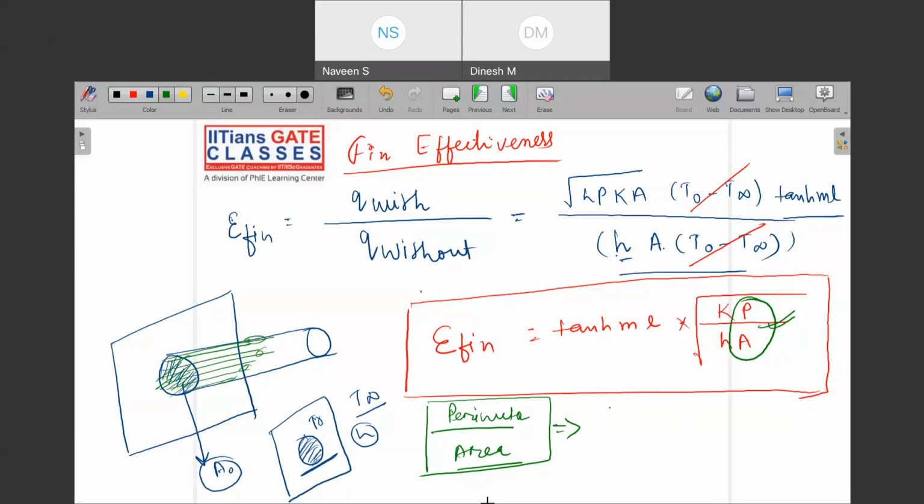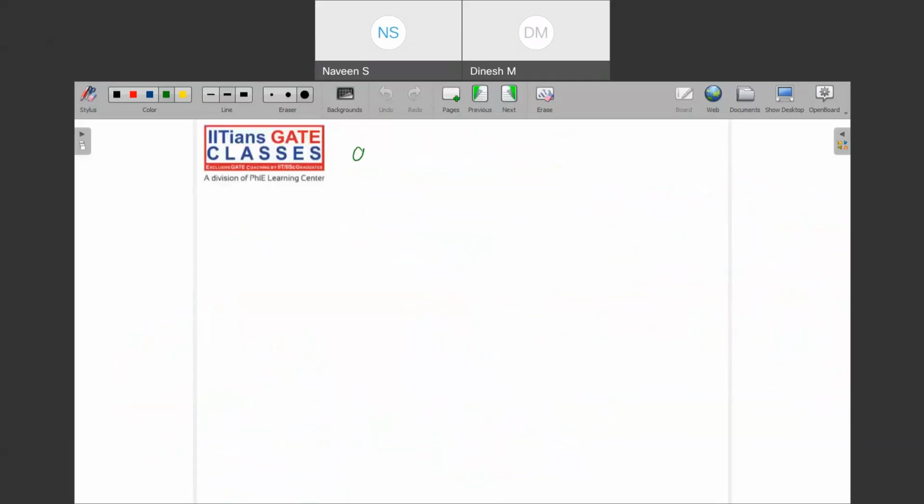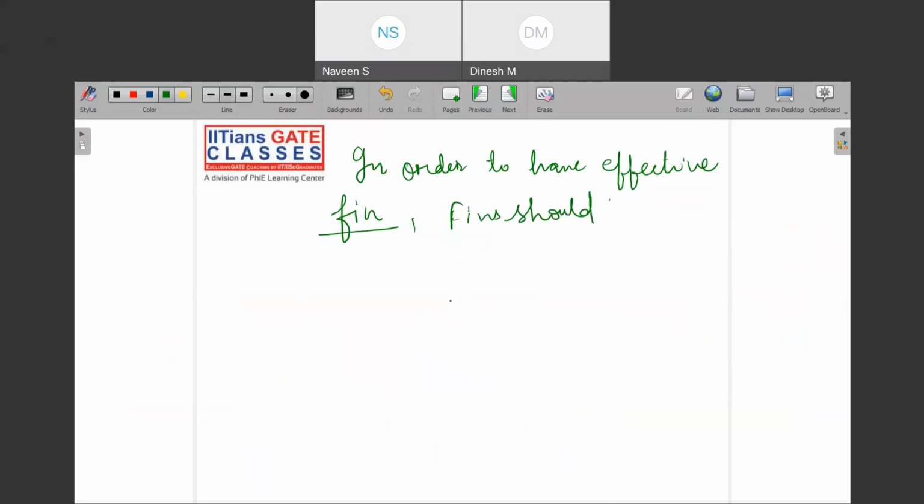So in order to have effective fins, what do we have? The fins should be thin and moreover closely spaced.